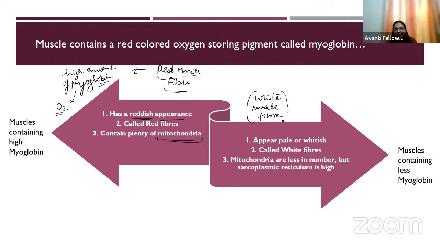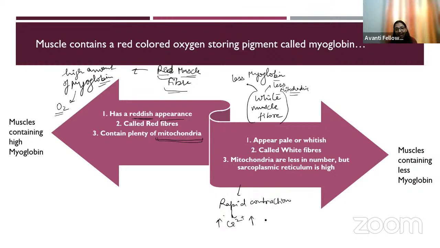Now, second is the white muscle fiber. They have less myoglobin, because of which they give a white or pale color. They have less mitochondria. And these muscles show rapid contraction, because of which they require more calcium.